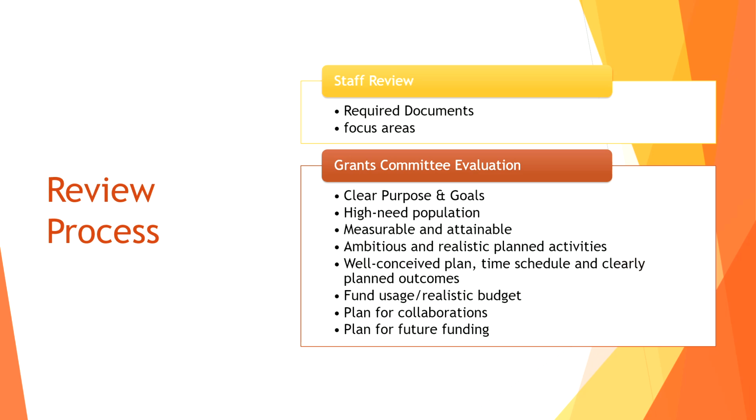Then they'll move on to the grants committee, which will do their evaluations, and they are looking for if your application has a clear purpose and goals, serves a high need population, is measurable and attainable, has ambitious and realistic activities, has a well-conceived plan, timeline, and clearly planned outcomes, good usage of funds and a realistic budget, if you plan for collaborations as well as plan for future funding.